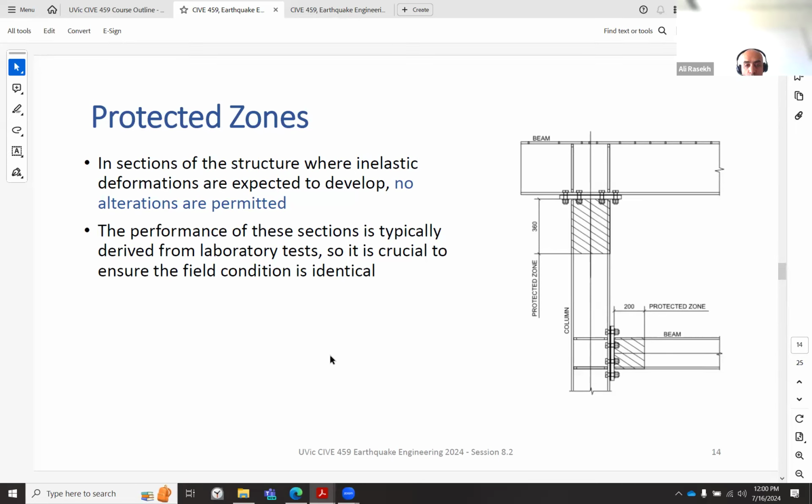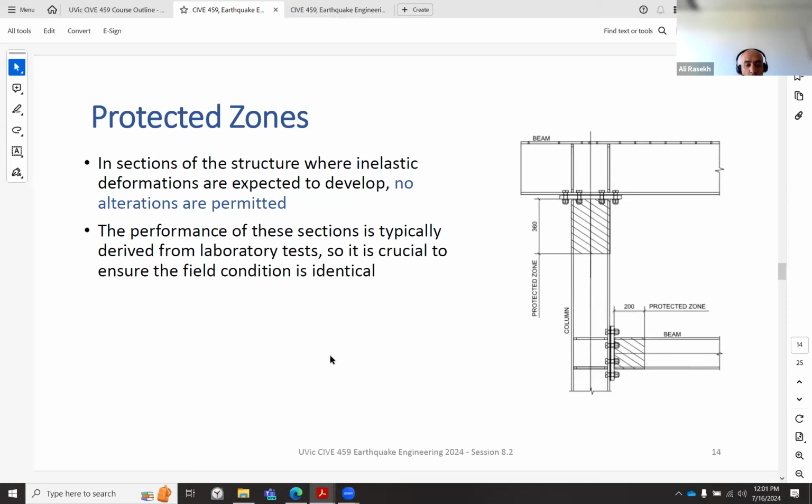In sections of a structure where inelastic deformations are expected to develop, no alterations are permitted, so no welding or connecting or punching a hole is permitted, because the plastic hinge behavior is verified by tests on the full section, and any modification to the section will substantially change the behavior. Therefore, no change in those zones.